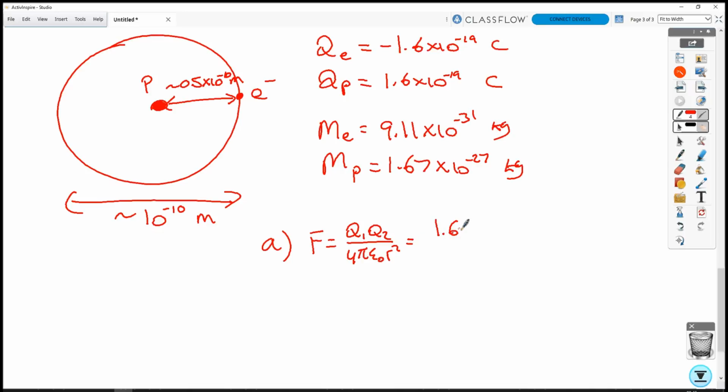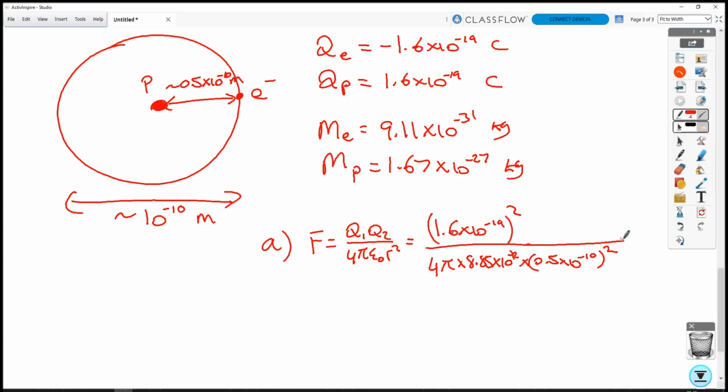So we're going to do 1.6 times 10 to the minus 19 times 1.6 times 10 to the minus 19, so I'll just put squared, all over 4 pi times 8.85 times 10 to the minus 12 times the radius squared, which is 0.5 times 10 to the minus 10, put brackets around that, and square it.